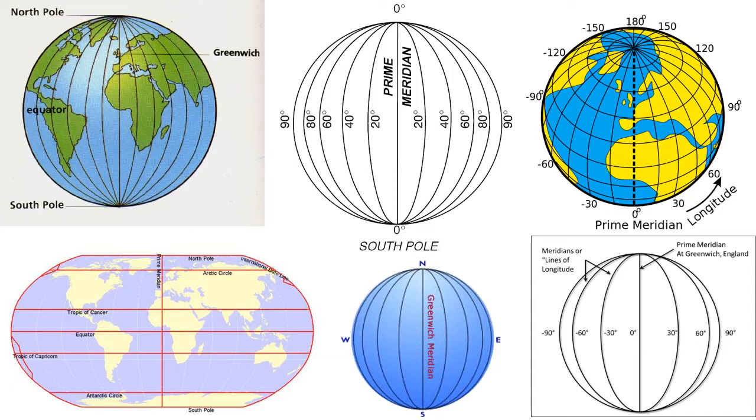And in the final diagram beside this one, you can see the different lines of longitude, starting with the prime meridian at Greenwich in England at 0 degrees, and it shows other lines of longitude beside it, east and west of the prime meridian.